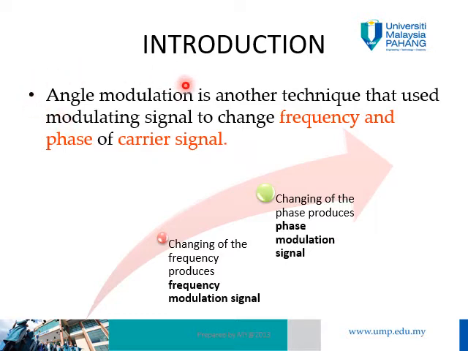There are two types of modulation under angle modulation, which are frequency modulation and phase modulation. Changing the frequency produces the frequency modulation signal, FM. Changing the phase of the carrier signal produces the phase modulation, PM signal.